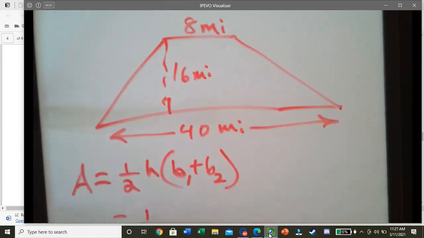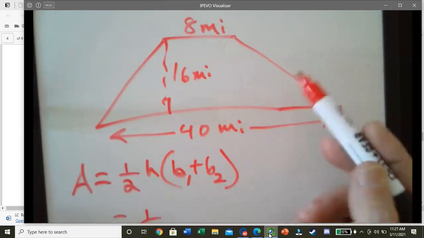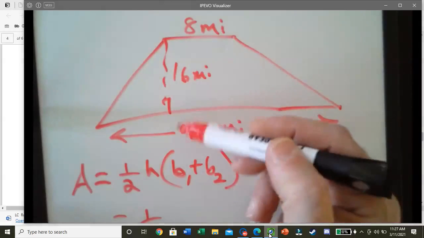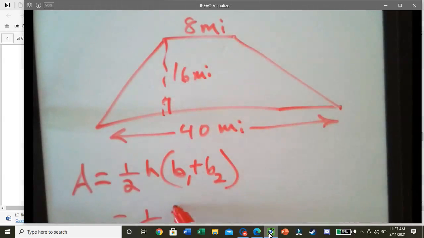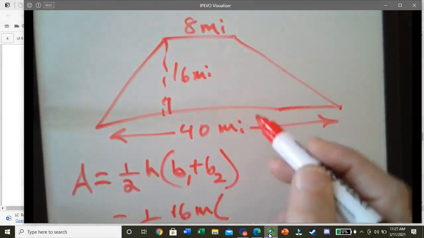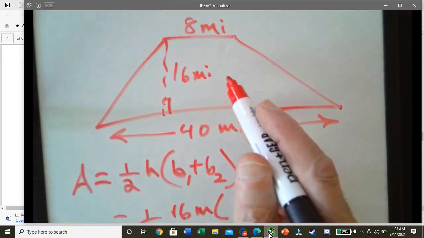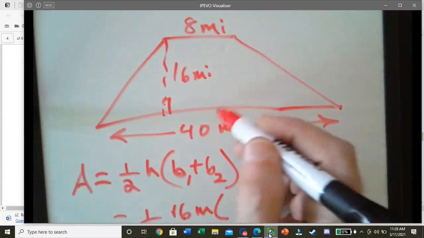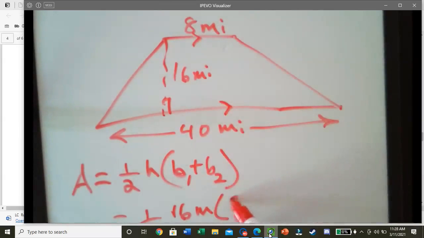So this will be 1/2. The height is always what in relation to the base? Perpendicular, right? So the height is going to be 16 miles. And the 2 bases are always what in relation to each other? Parallel. Very good. Excellent. So this would be 8 miles plus 40 miles.